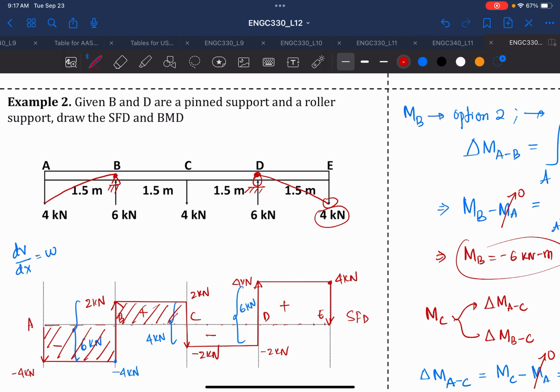Now some of you may be confused that this 4 kilonewton is going down, so you're going to say it will go like this, and then it'll go like this. This is incorrect. Why?